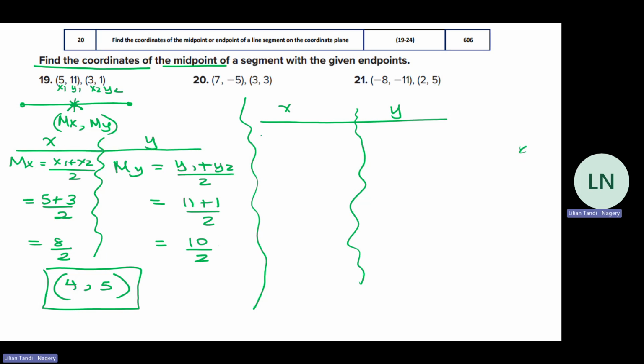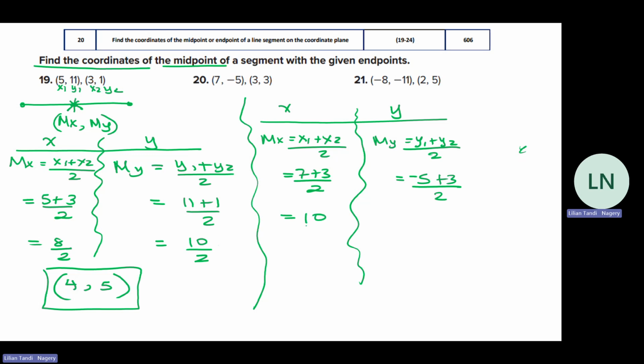And then here you're going to write mx equals x1 plus x2 divided by 2, my equals y1 plus y2 divided by 2. You're going to get 7 plus 3 divided by 2, negative 5 plus 3 divided by 2.